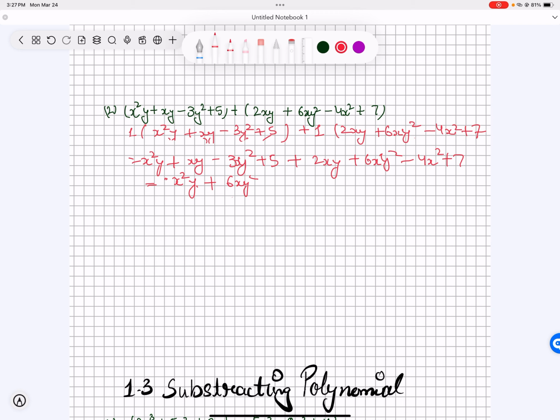As I mentioned, we write the exponents in descending order with the higher value first.